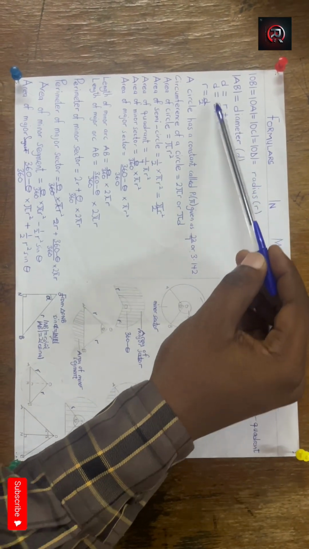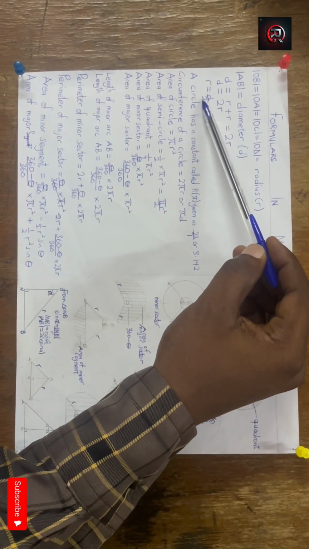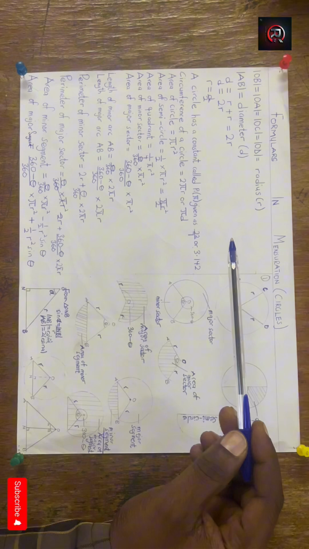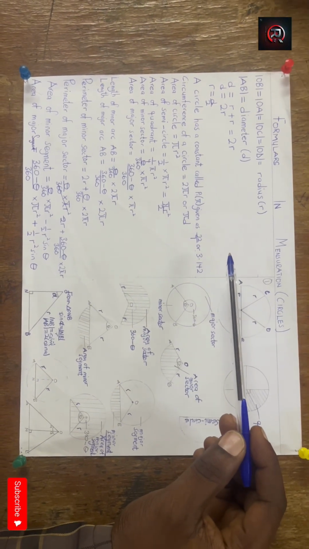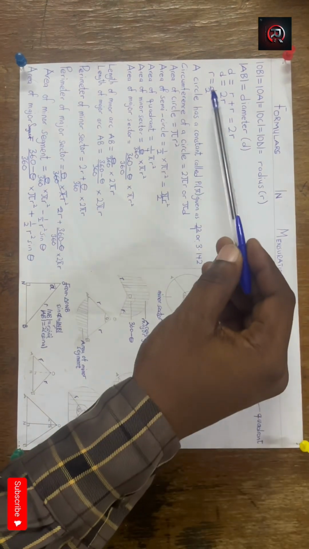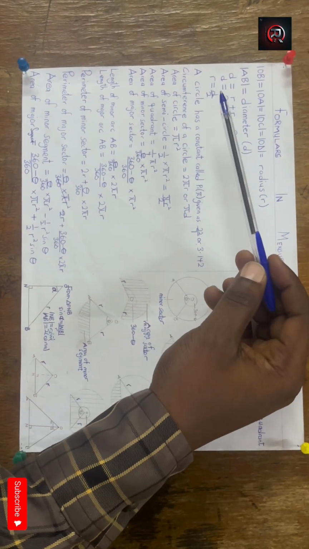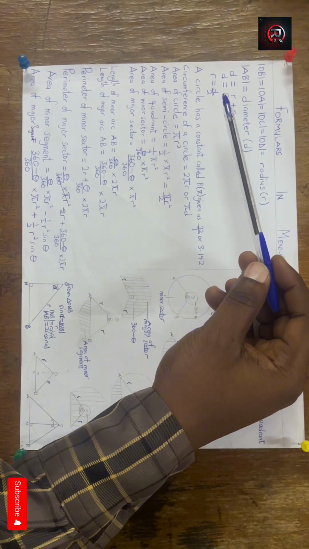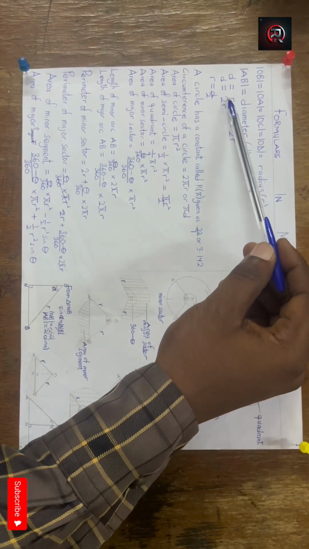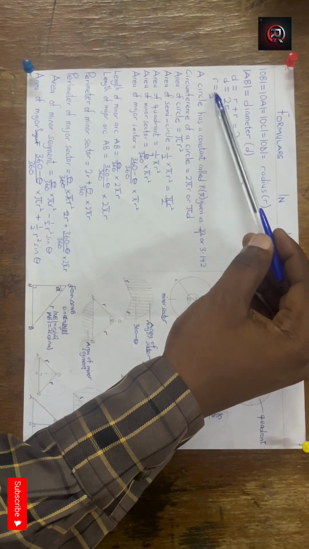So d is equal to 2r, and r is equal to d divided by 2, which means if a question is given and the diameter is given, you can get your radius by dividing your diameter by 2, and it will give you the radius. If the radius is given and you need the diameter, you multiply the radius by 2, and that will give you the diameter, as we can see.